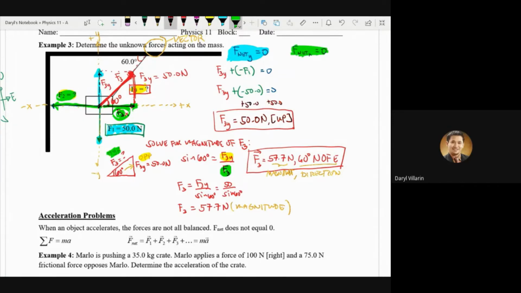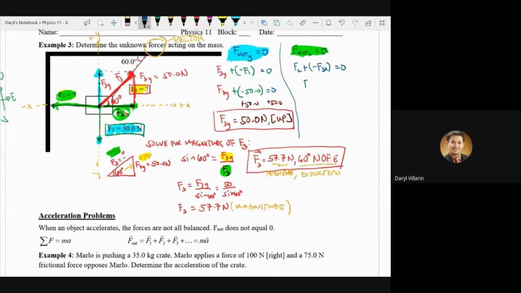And basically from there, I can right away say that the magnitude of my F2 is the same as the magnitude of my F3X. Because their forces are opposite in direction, but there are only two forces along X. These two forces should be equivalent, because F2 plus the negative of F3X equals 0.